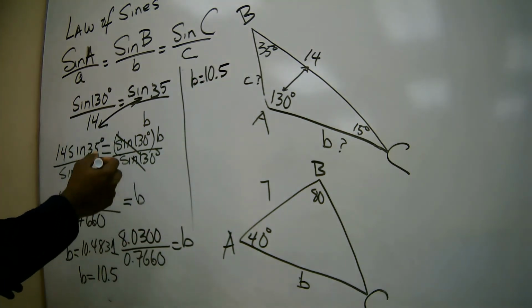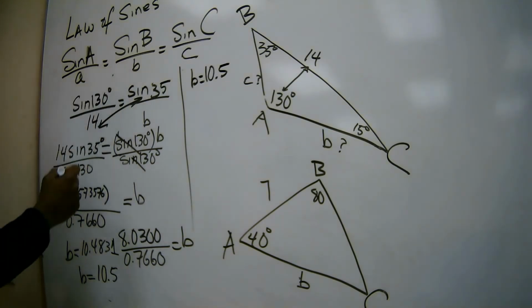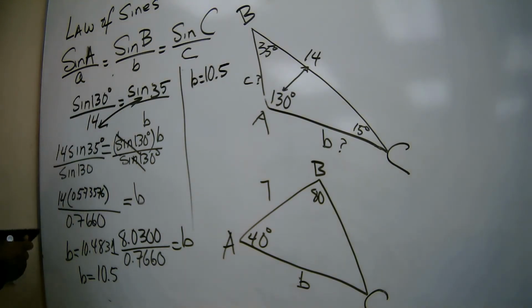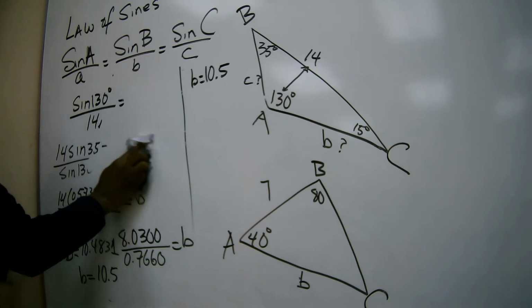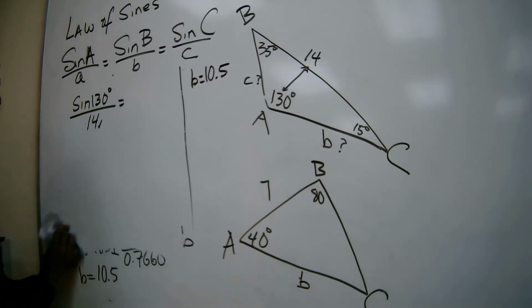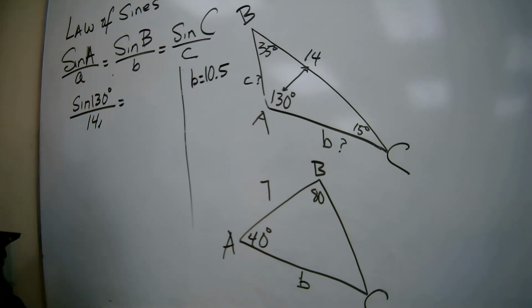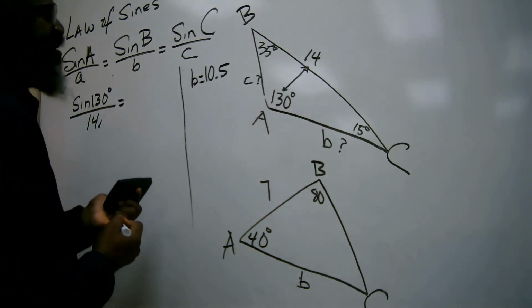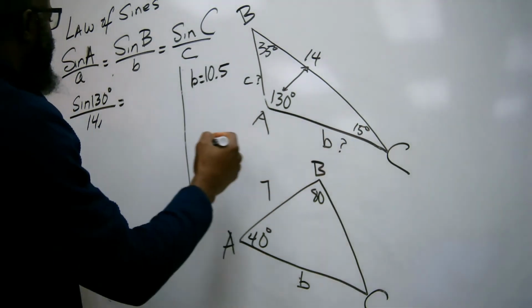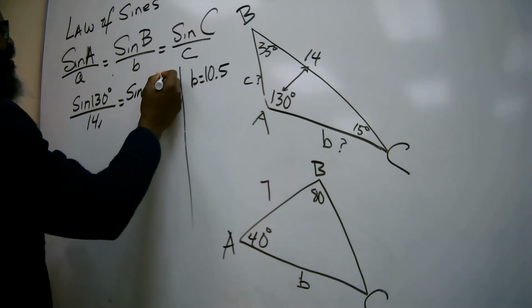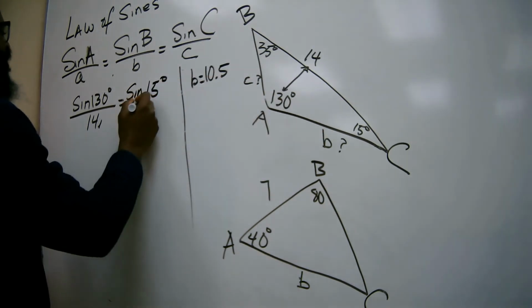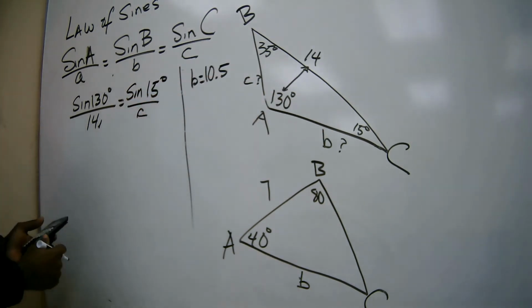Now, remember, I'm going to use my scale factor again. The only thing I need to do is to clear that. Getting smarter now, don't need to erase everything. Right, it is equal to sine of C, sine 15, over C. And I can do my cross multiply.